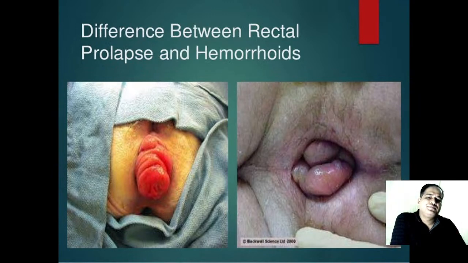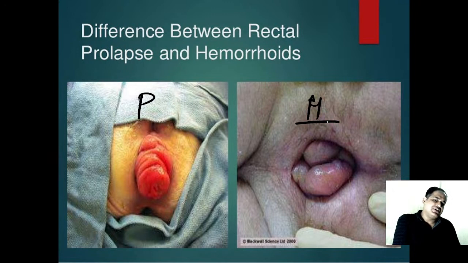See here. This is prolapse, this is hemorrhoid, this is prolapse, and on the right side is hemorrhoids. You can see 3 things here, at 3, 7 and 11 o'clock position.